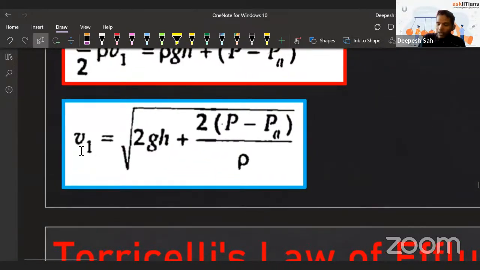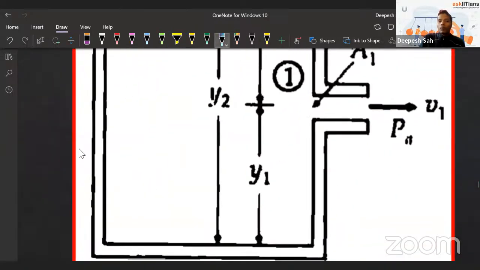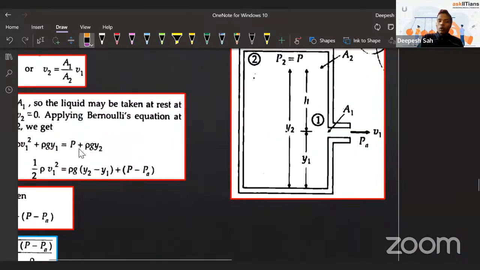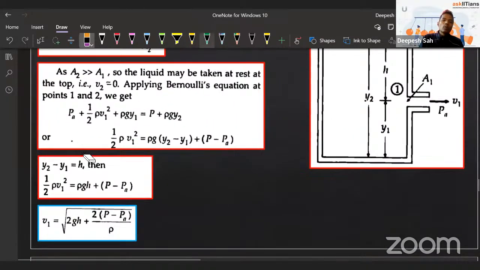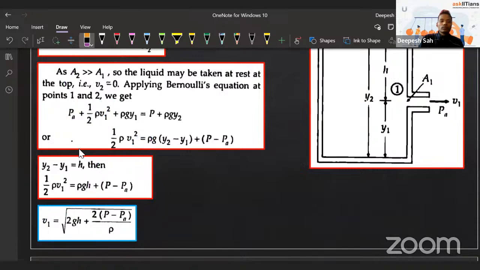This is the velocity of the liquid which is coming out of this particular hole. Imagine I have made a hole in my water bottle, and now I want to know the velocity with which the water is coming out. The formula is this. Ignore everything else, but understand only the formula for now, which is root of 2gh into 2(P minus PA) by rho. Understand this formula as well.